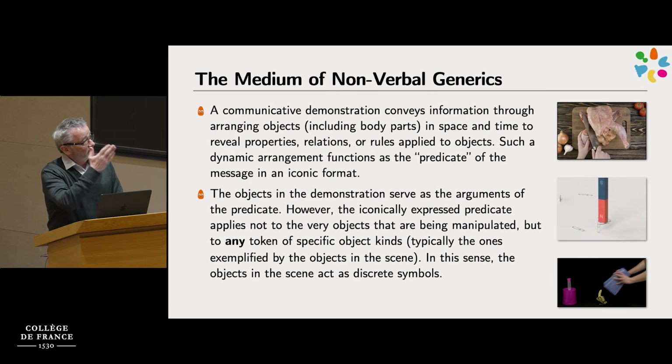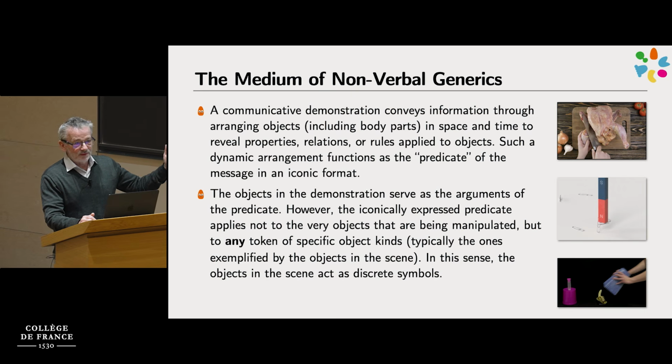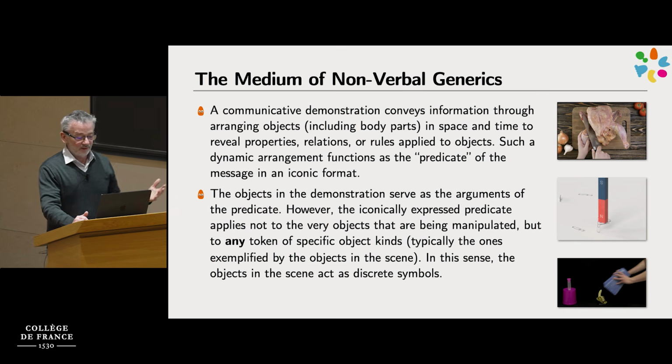So for example, when someone shows you how to cut up a chicken, then what is shown to you is not how to cut up this chicken with this knife, but how to cut up a chicken with a knife. And this is what the demonstration conveys, and this is what you understand from it.